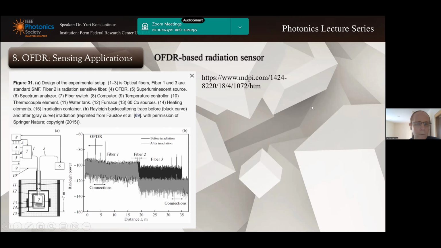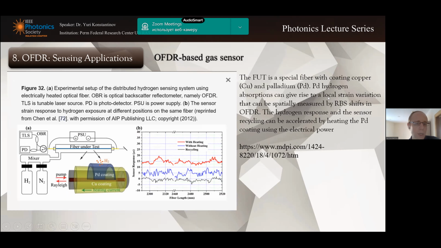The same as for the gas sensor, they used a special optical fiber to monitor this. But the setup for the OFDR is the same as we saw on the previous slides.